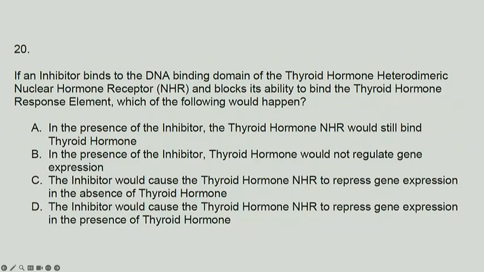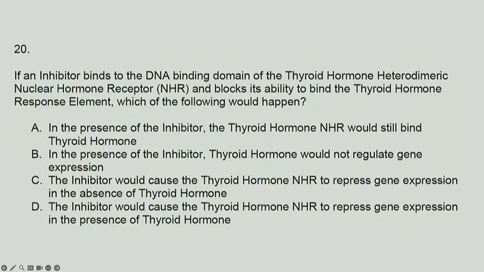Okay, so this is a heterodimeric NHR. In the presence of the inhibitor, the inhibitor is blocking the DNA binding capability of a heterodimeric NHR. In the presence of the inhibitor, the thyroid hormone would still bind to the NHR. Yes or no?